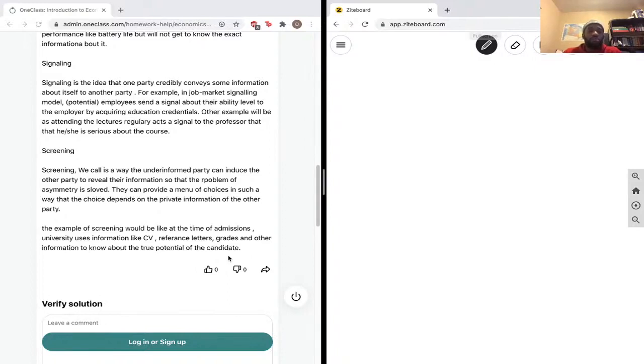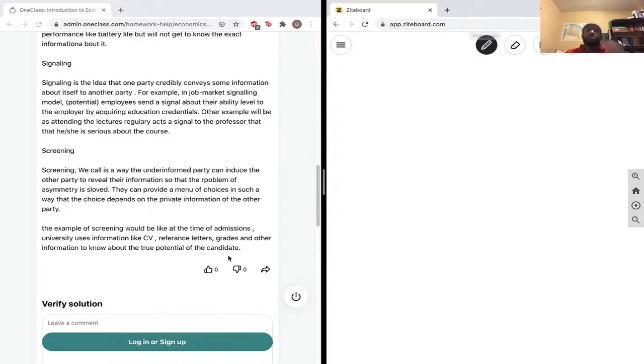Other examples would be attending the lectures regularly acts as a signal to the professor that he or she is serious about this course. Another great explanation, and it is basically trying to convey some sort of information about yourself to another party.